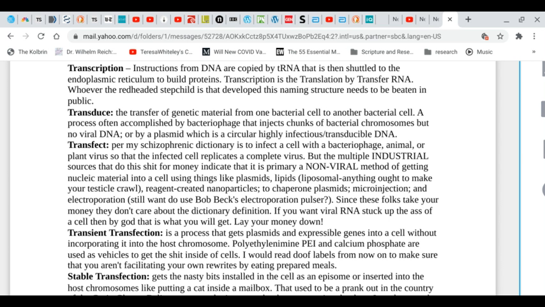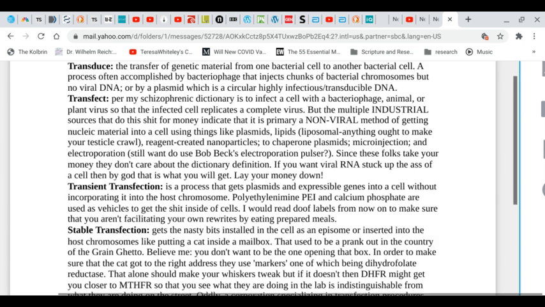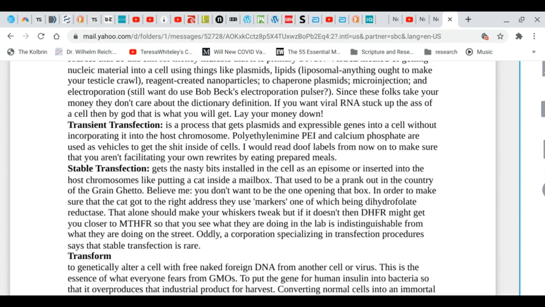Still want to use Bob Beck's electroporation pulsar. Since these folks take your money, they don't care about the dictionary definition. If you want your viral RNA stuck up the ass of a cell, then by God, that's what you'll get. Lay your money down. Transient transfection is a process that gets plasmids and expressible genes into a cell without incorporating it into the host chromosome.